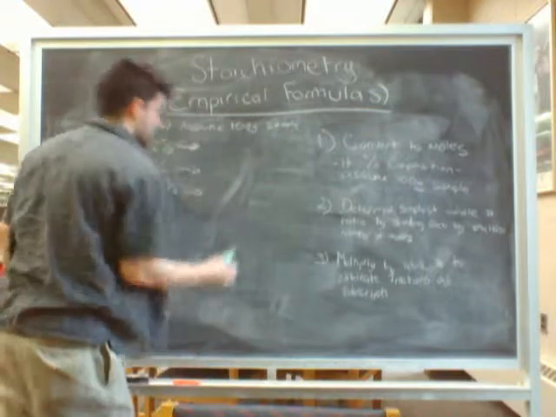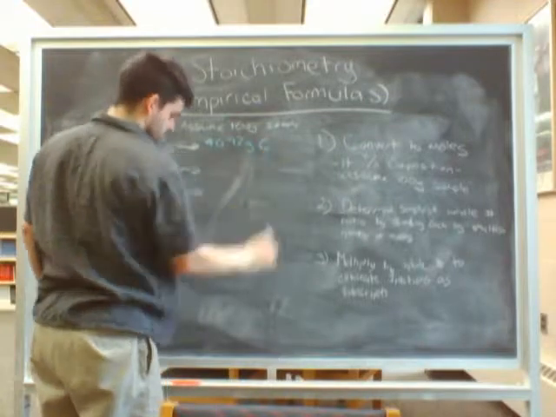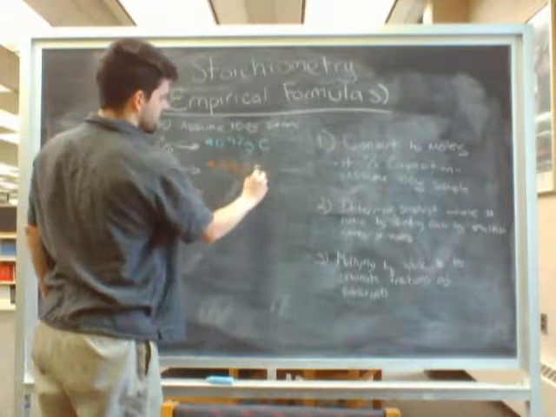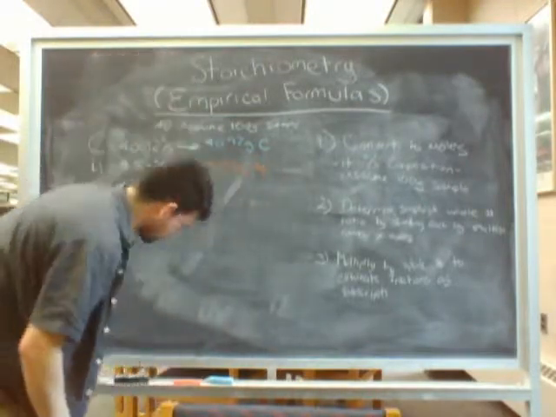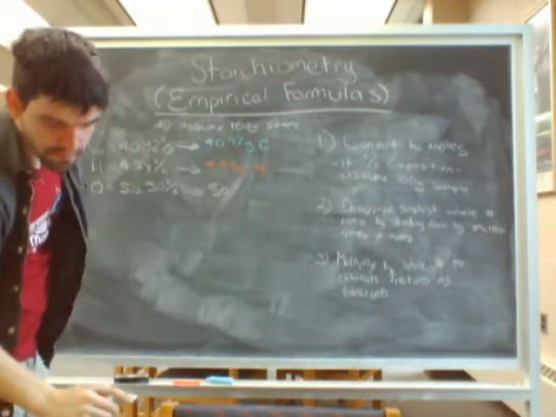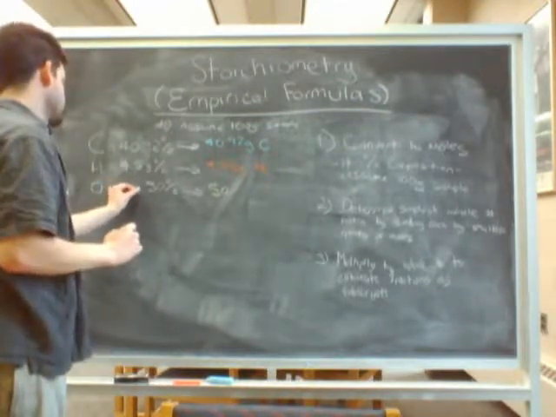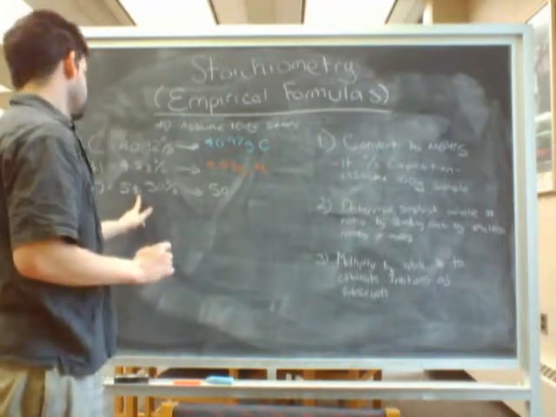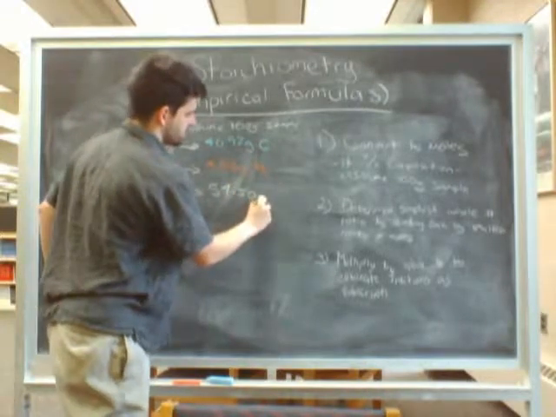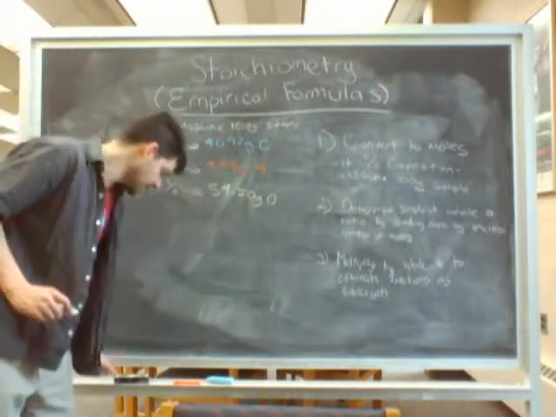So we have 40.92 grams of carbon, we have 4.58 grams of hydrogen, and we have, oh, I'm sorry, 54.50 grams of oxygen. That's the first step. Well, it's part A of the first step.